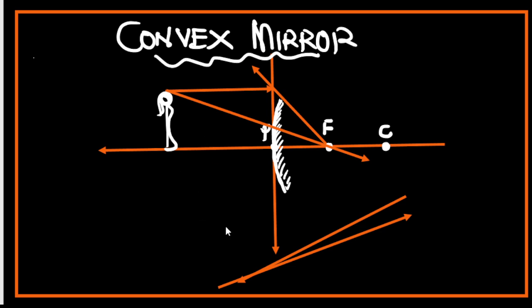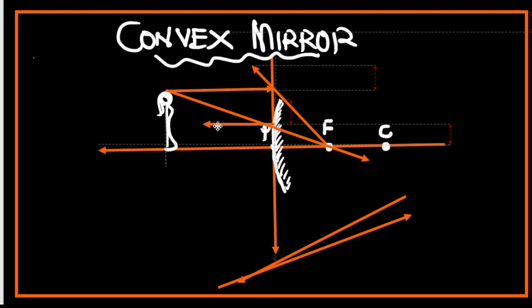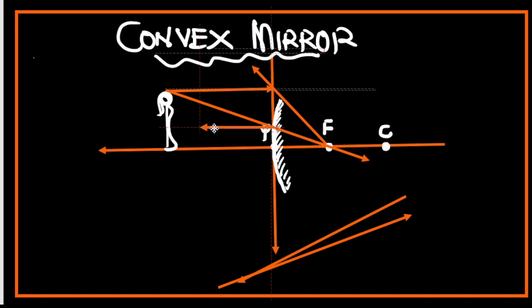So I'll draw a ray parallel to the principal axis now. So it gets reflected. We have something like this. From this point here, you will draw a ray parallel to the principal axis.